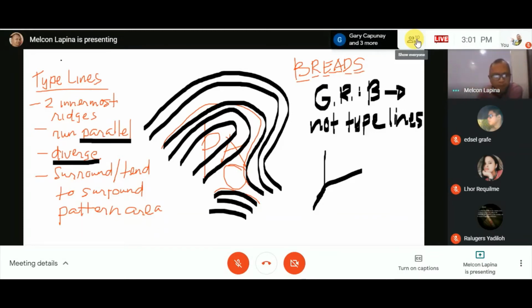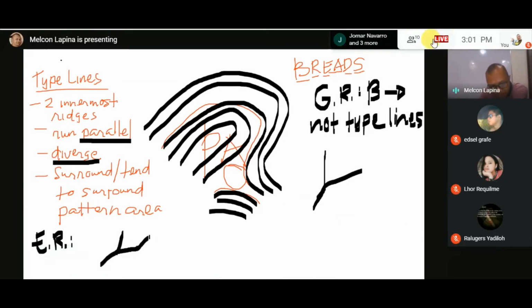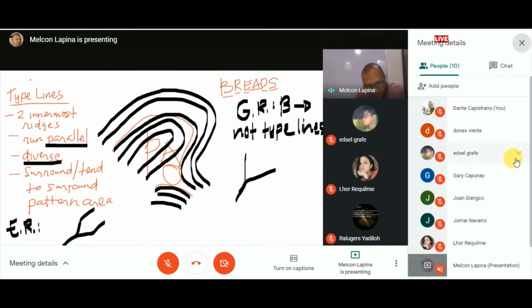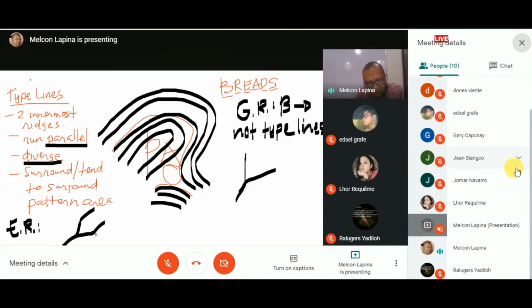Pero, merong exception to the rule. Ito yung napag-usapan sa tanong. Ang exception to the rule, pagkatapos na nag-bifurcate, the two forks run parallel. Ganyan, nag-run parallel sila. Magkatapat ang running together nila.